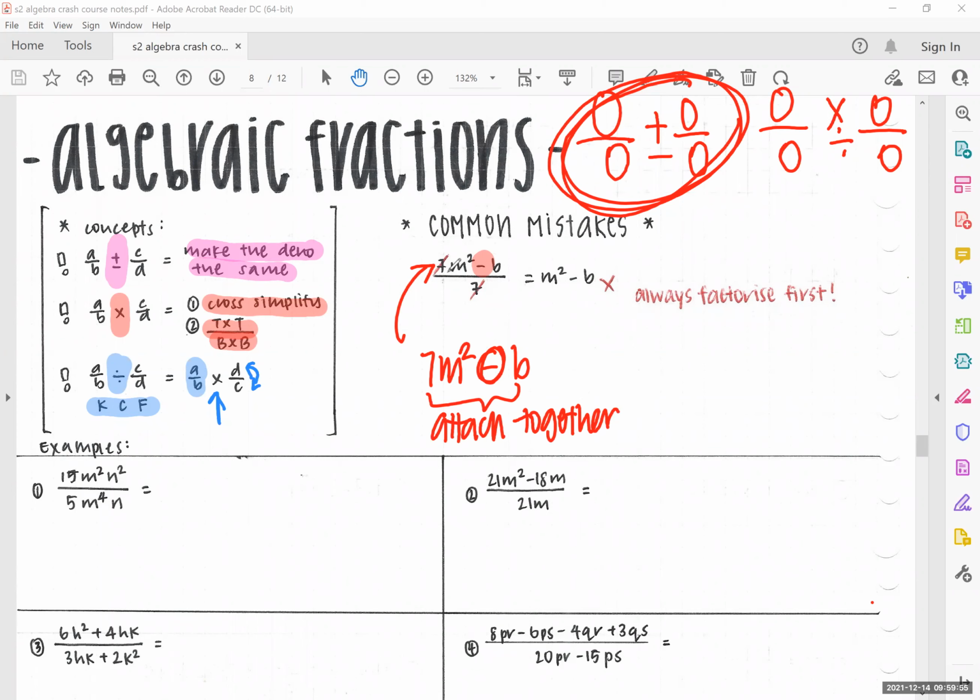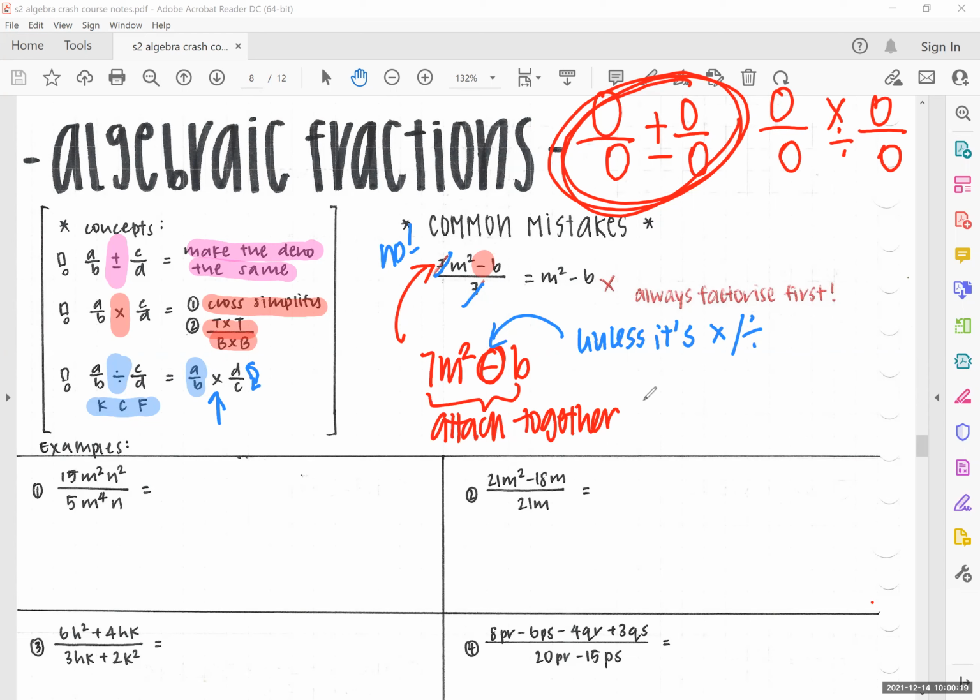What this person did was cancel the 7 and the 7 like that. No, you cannot do that unless it's a times or a divide. If it's a plus or a minus, you cannot separate them out.